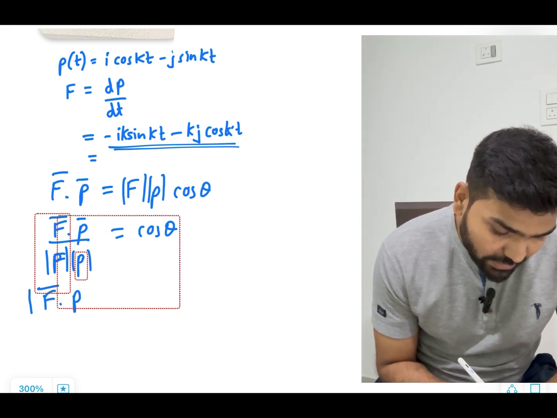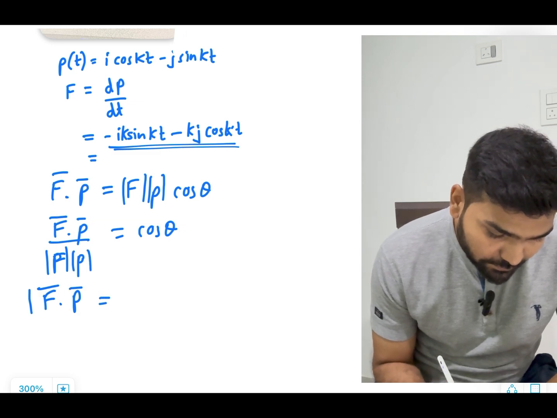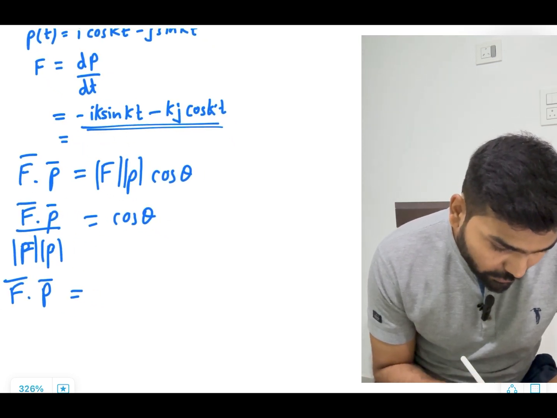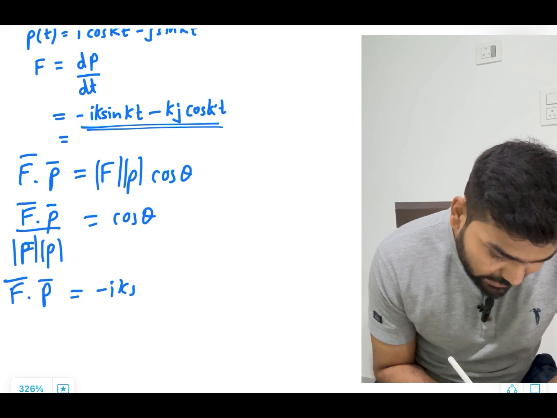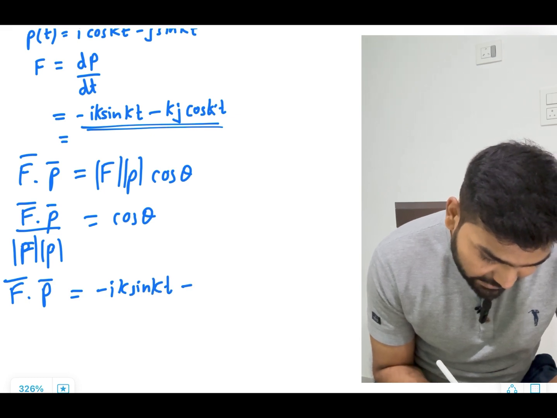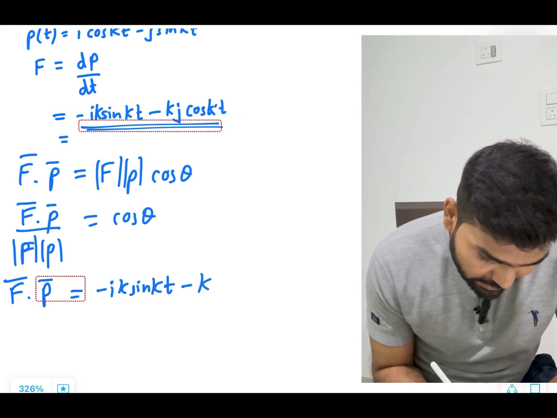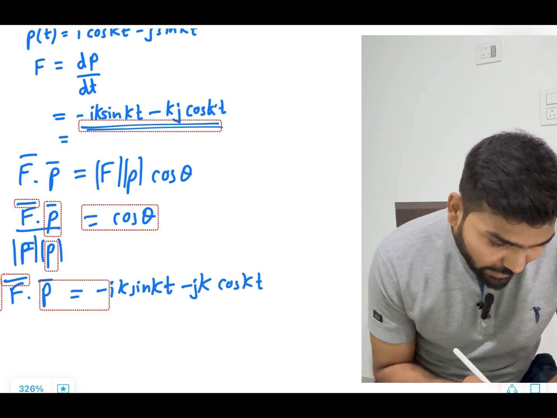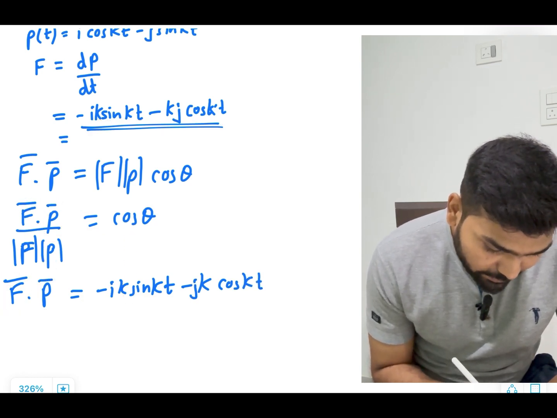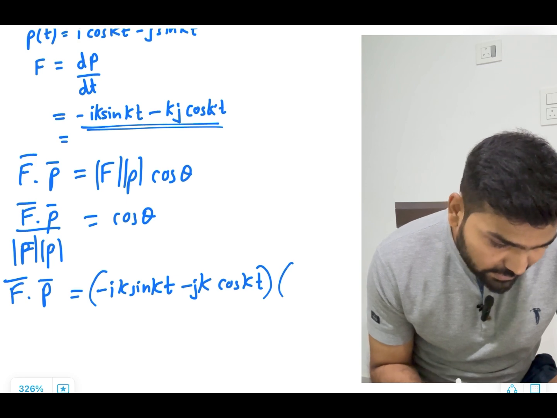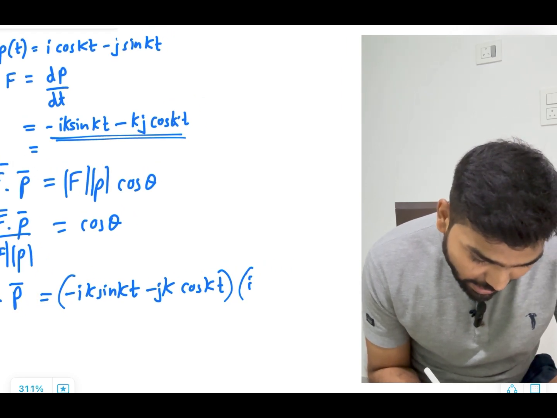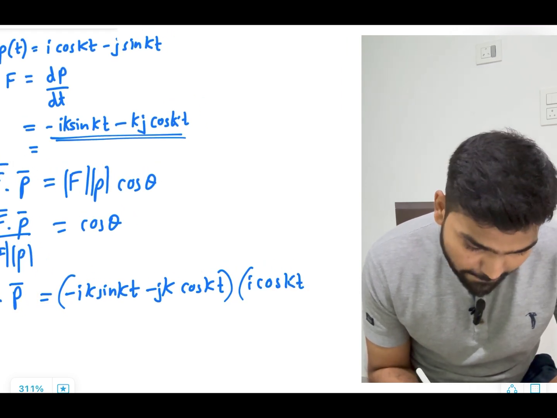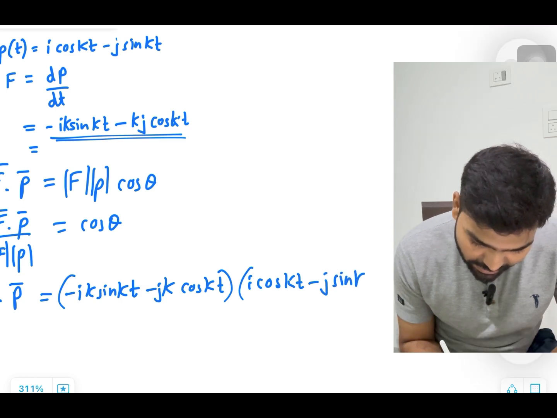To calculate F dot P, what we have is force is minus I k sin kt minus k cos kt. Okay, this is J, and our momentum is I cos kt minus j sin kt.